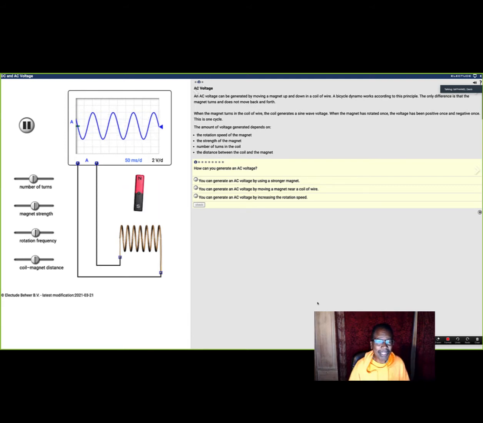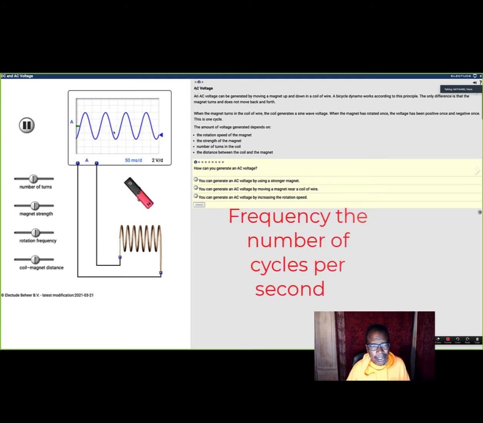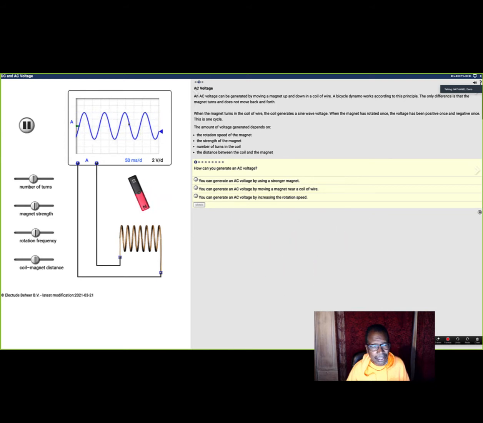No. Frequency is the number of times something turns on and off per second. Right now I can say 1, 2, 3, 4, about 5 times, let me see, about 5.5 a second, so about 10 times per second right now. That's your frequency.